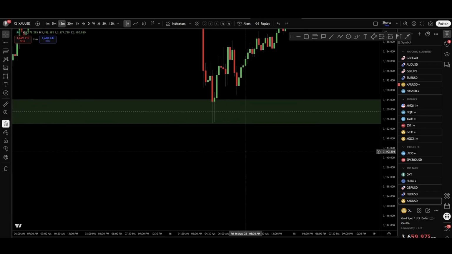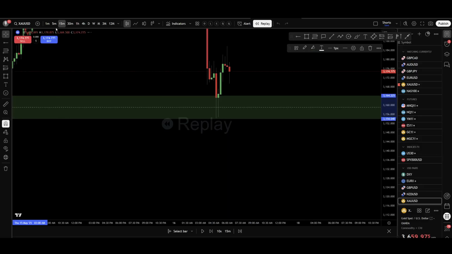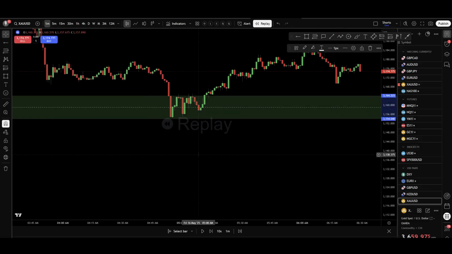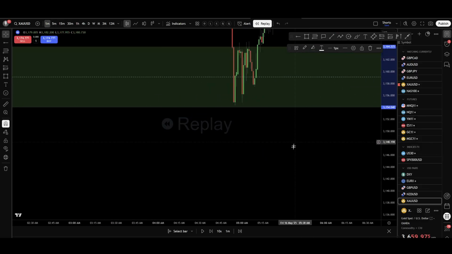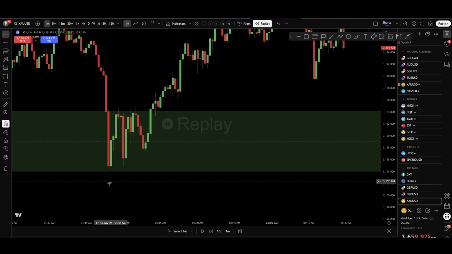When we get that, we can see how price action played out here. I don't know if I can go down to a 1 minute. I can. So now let's go down to a 1 minute chart. Price came down, immediately started making higher lows, breaking and closing above these highs inside of what?